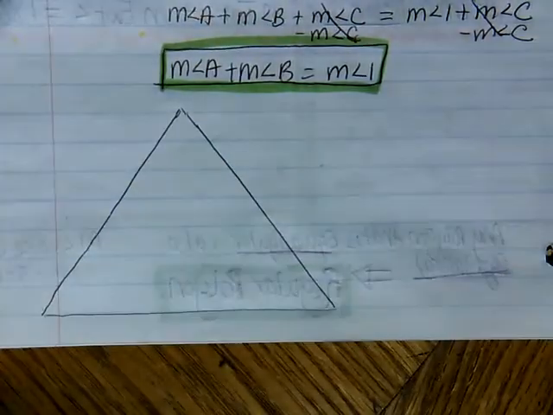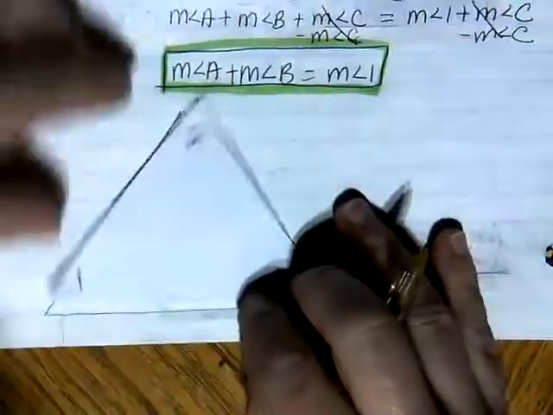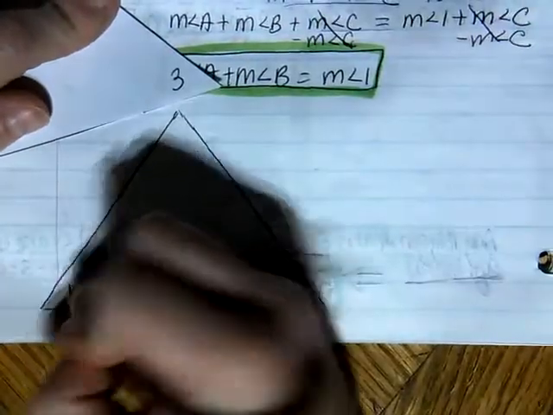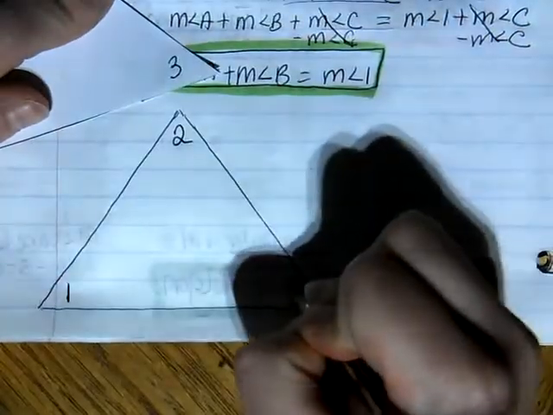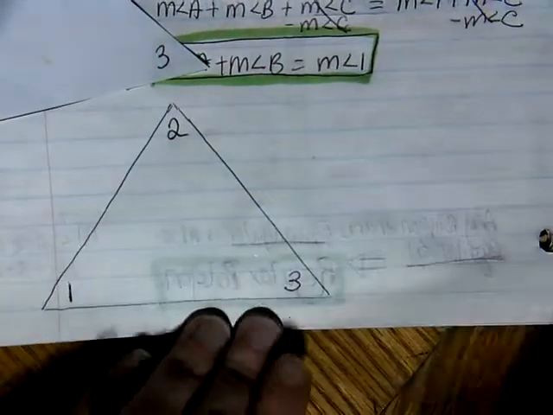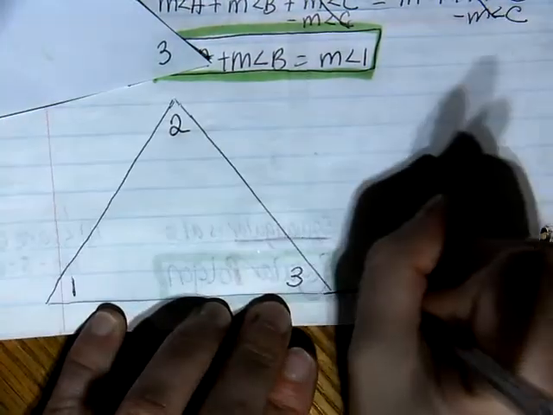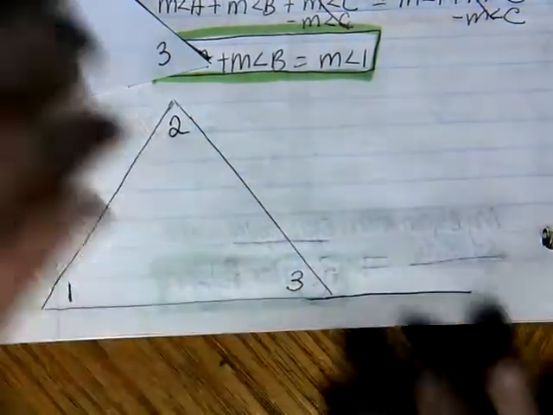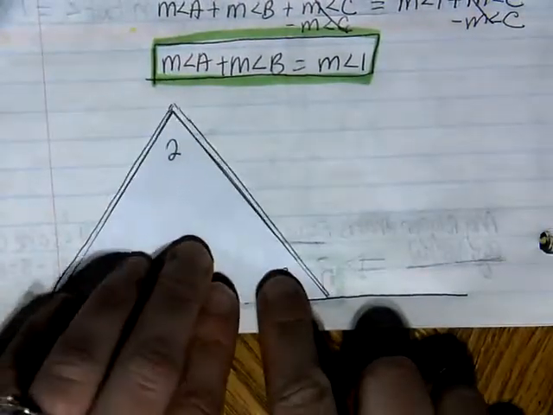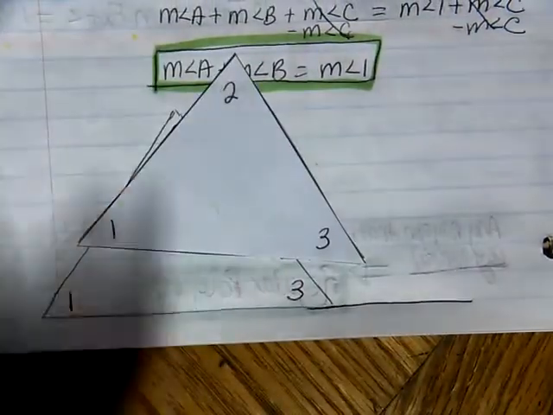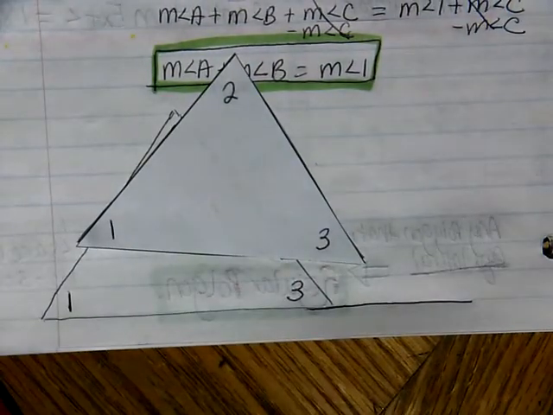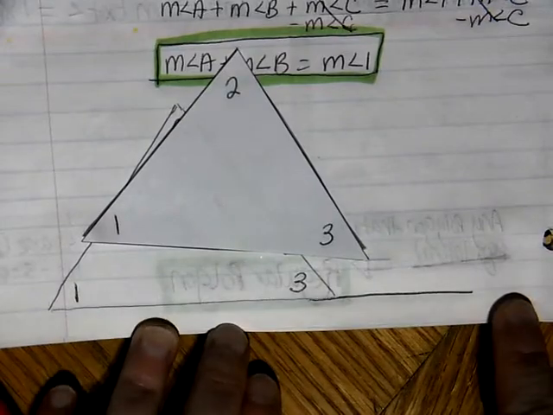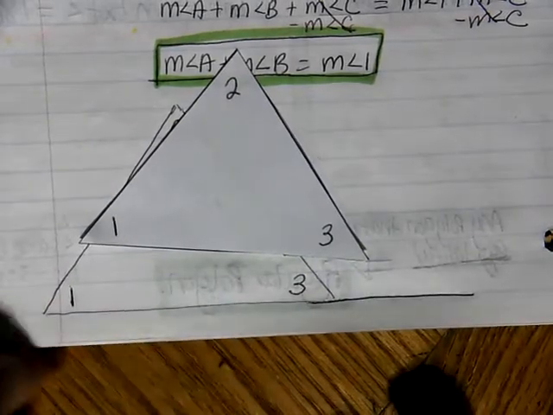So that you can see these angles, label just like you did before. Here's angle 1, here's angle 2, and here's angle 3. And also, to the best of your ability, please extend out angle 3 just a little bit further. So what we did is we traced this triangle, we labeled it the exact same way as the triangle that I have here, and we extended out the line so that we created an angle.